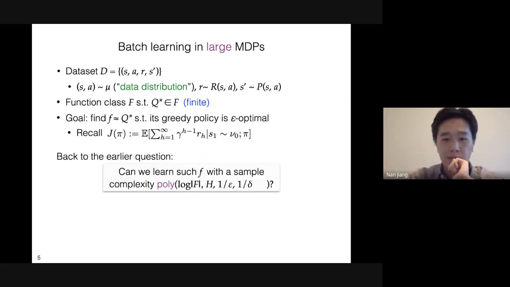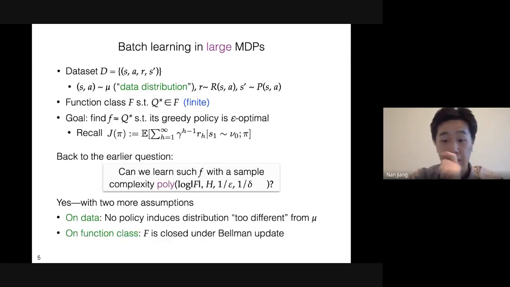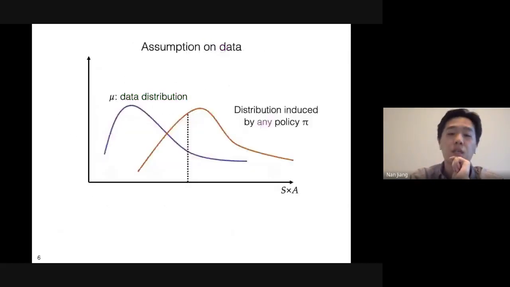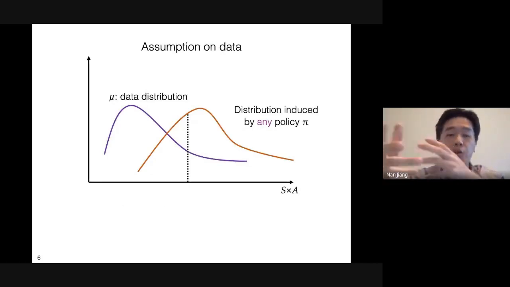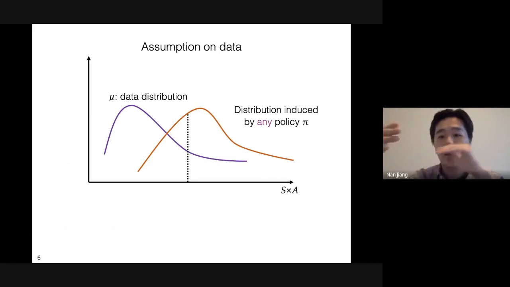What we will start with is the first assumption, the data assumption. What this assumption really says is that, if you think about mu as your data distribution, and then you also think about the distribution over state action pairs, or states sometimes, induced by any policy pi that you might be interested in, and you compare these two distributions.